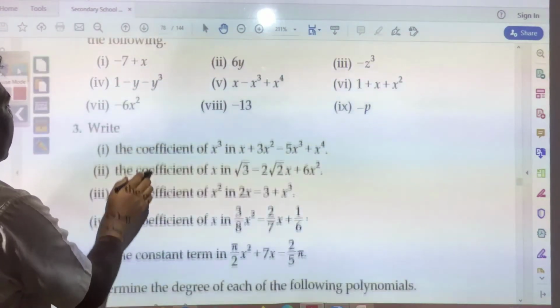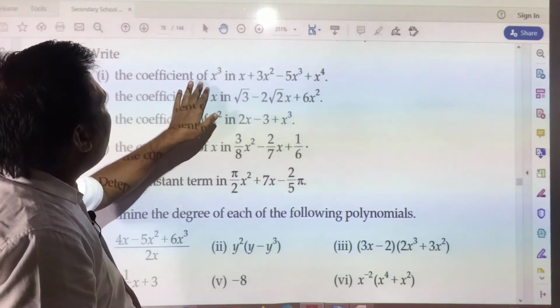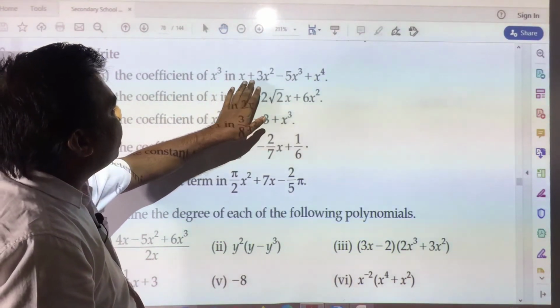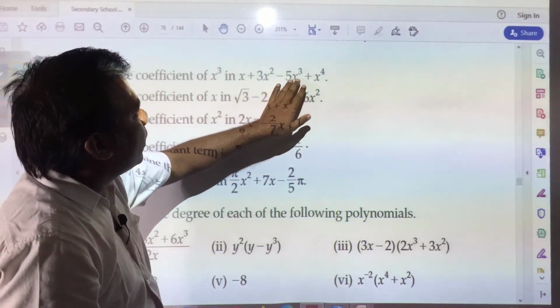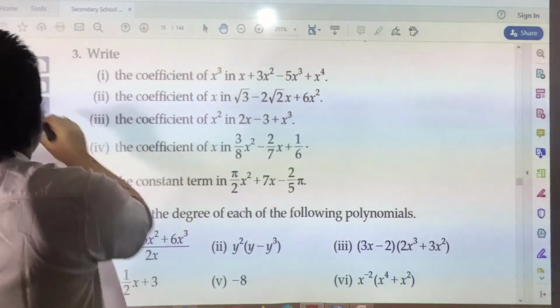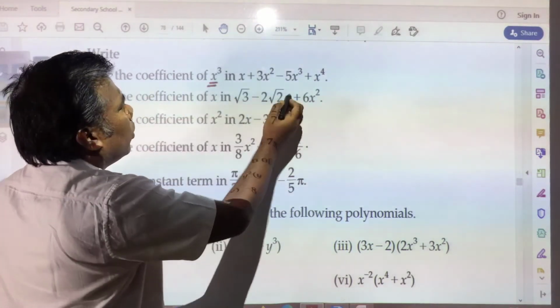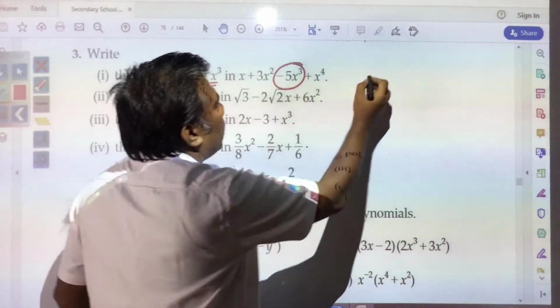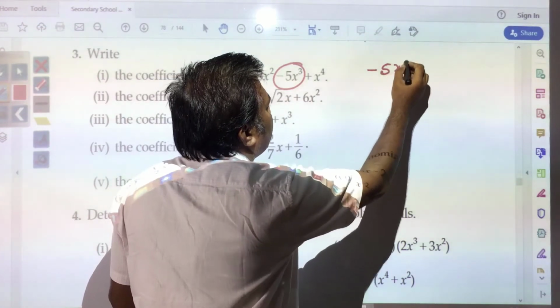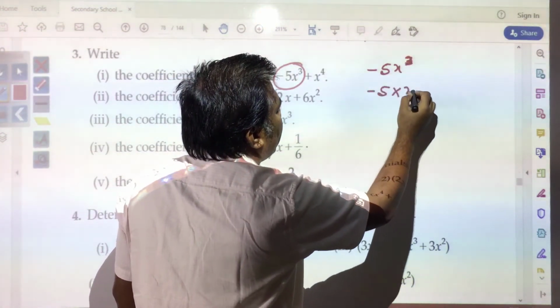Next you see: write the coefficient of x cube in x plus 3x square minus 5x cube plus x to the power 4. So the coefficient of x cube: you have minus 5x cube, which can be written as minus 5 into x cube.